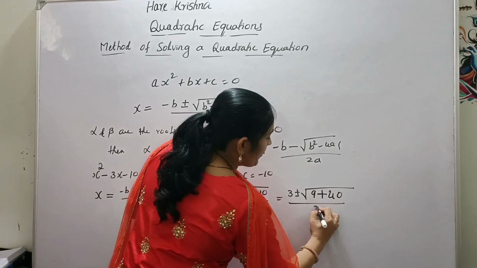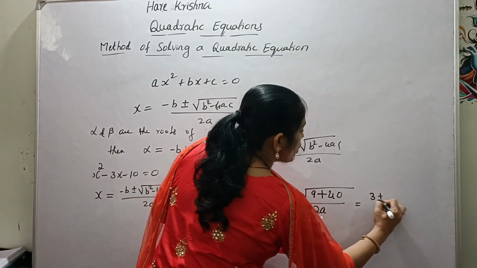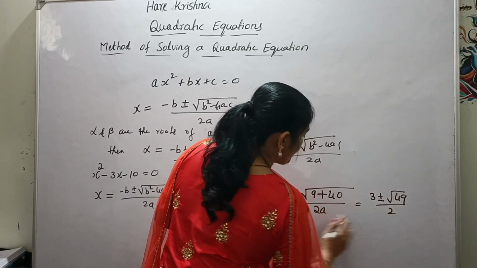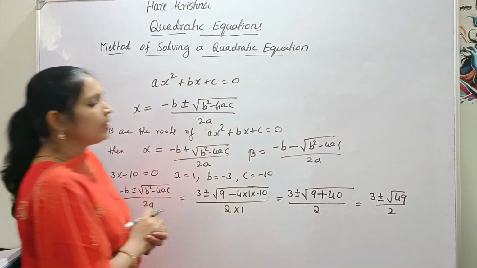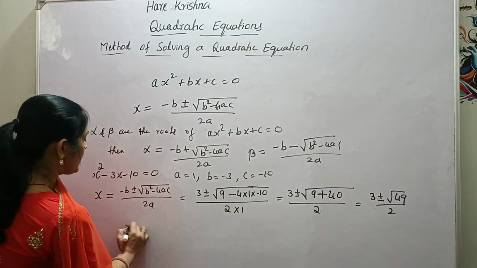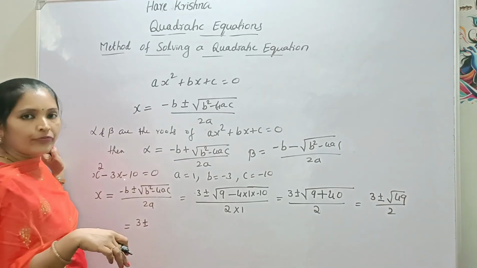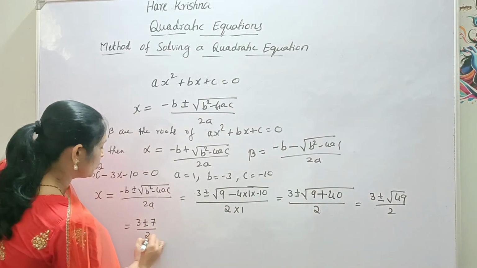Divided by 2a, that is equal to 3 plus or minus root of 49 divided by 2 into 1, that is 2. So x is equal to 3 plus or minus, root of 49 is 7, divided by 2.